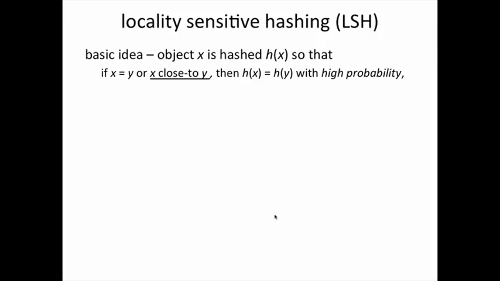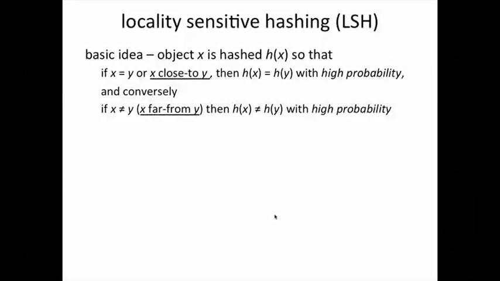In this respect, it's similar to normal hashing, where if x is equal to y, then x and y are hashed with high probability to the same value. But this deals with distances and closeness and not just equality. That's what makes it interesting. It's hashing which is sensitive to things being close together or in the same locality.